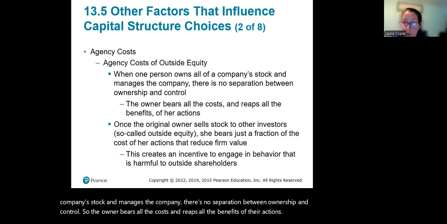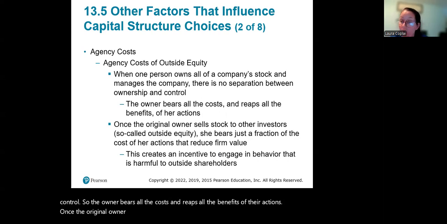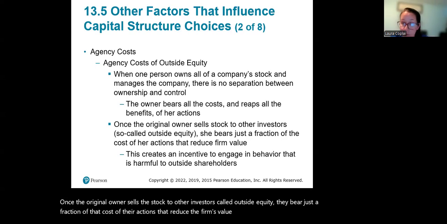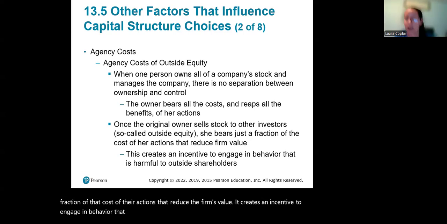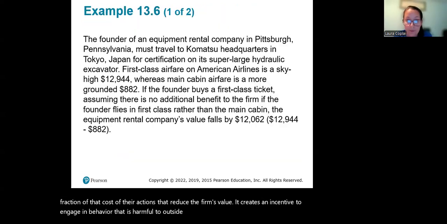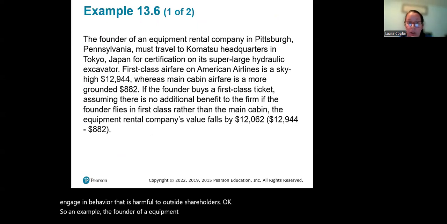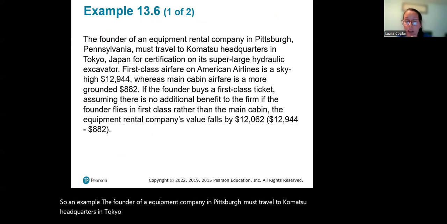Once the original owner sells the stock to other investors, called outside equity, they bear just a fraction of the cost of their actions that reduce the firm's value. It creates an incentive to engage in behavior that is harmful to outside shareholders, okay? So an example: the founder of an equipment company in Pittsburgh must travel to Komatsu headquarters in Tokyo, Japan for certification on their super large hydraulic excavator.